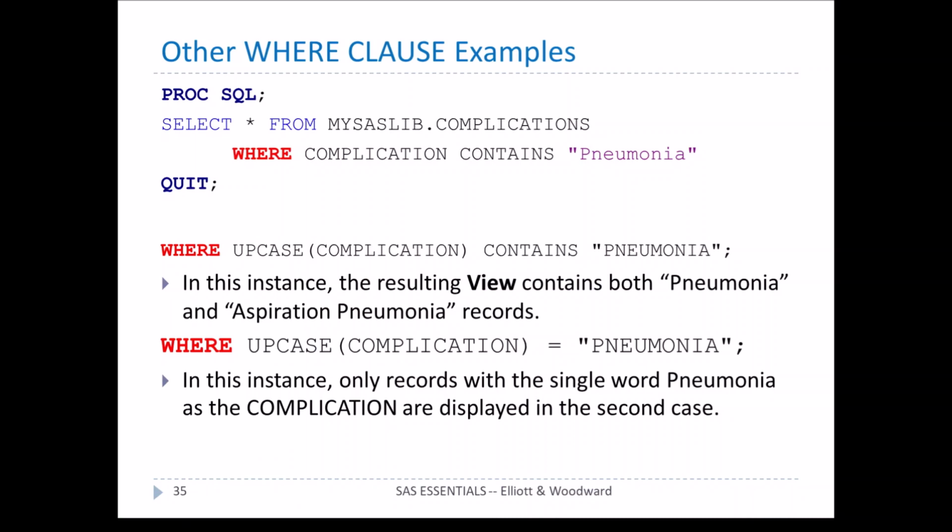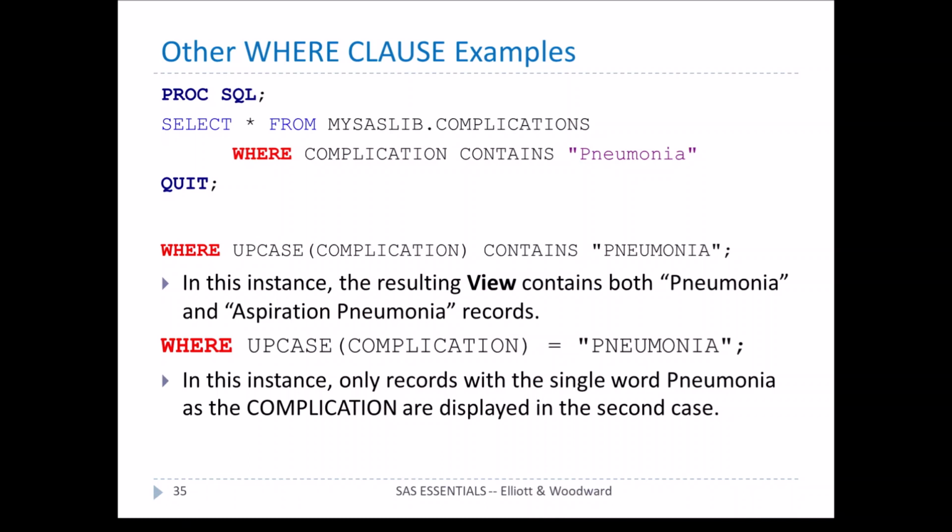So here we have two versions of this down below, just to give you some more information. Here we have where uppercase complication contains pneumonia. In this case, the resulting view contains both pneumonia and aspiration pneumonia records. You can see both of them contain the word pneumonia. Now when you uppercase them, they're going to be uppercase pneumonia.